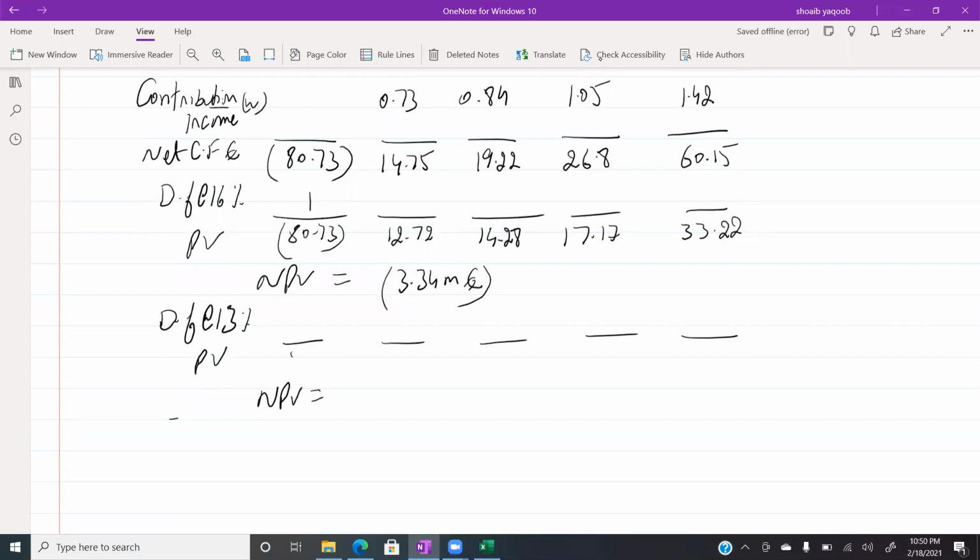And what about at 13%? Obviously, the answer will be better in case of 13%.